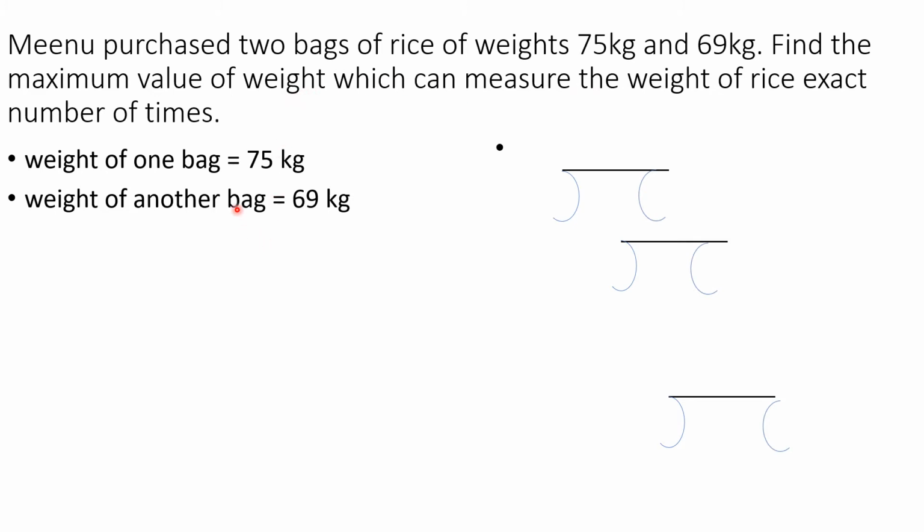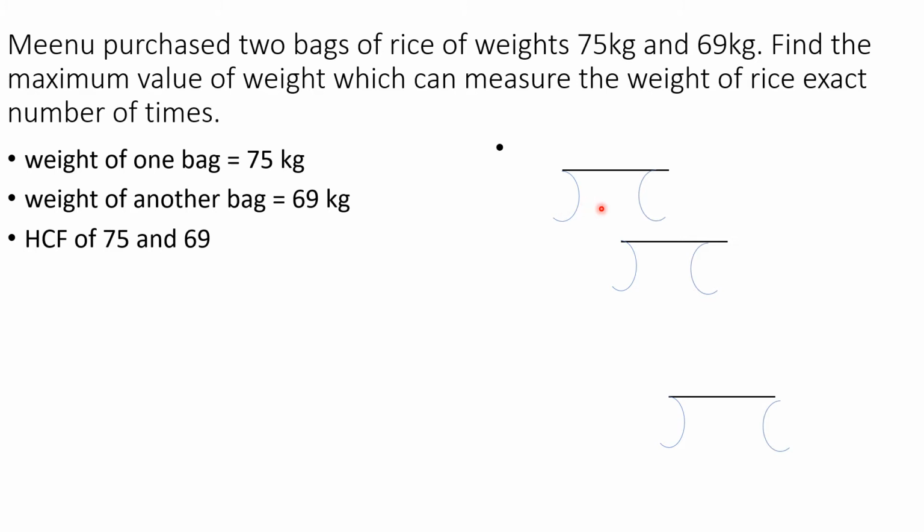It means the weight which we have to calculate must be a factor of both 75 kilogram and 69 kilogram. That weight must be a factor of both. It means a common factor, and maximum value of weight means highest common factor, right? So we have to find out the HCF of 75 and 69.